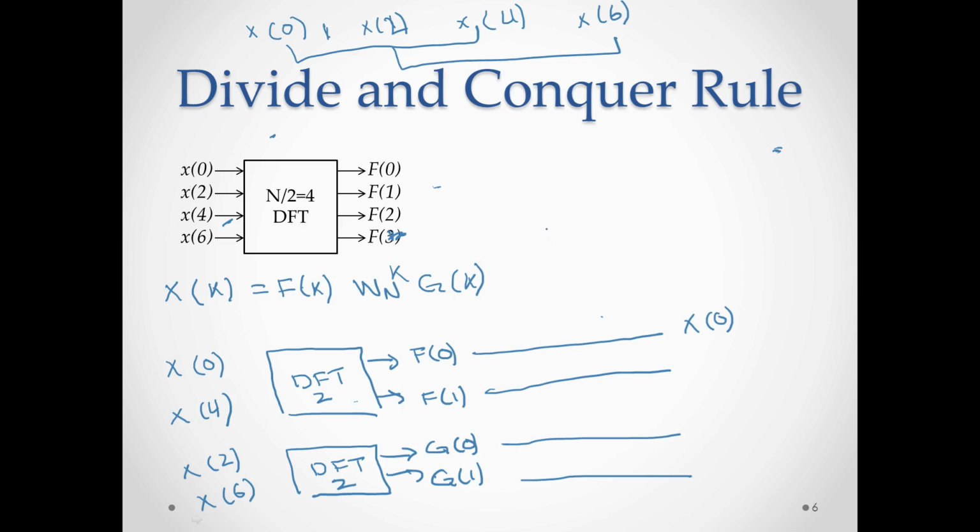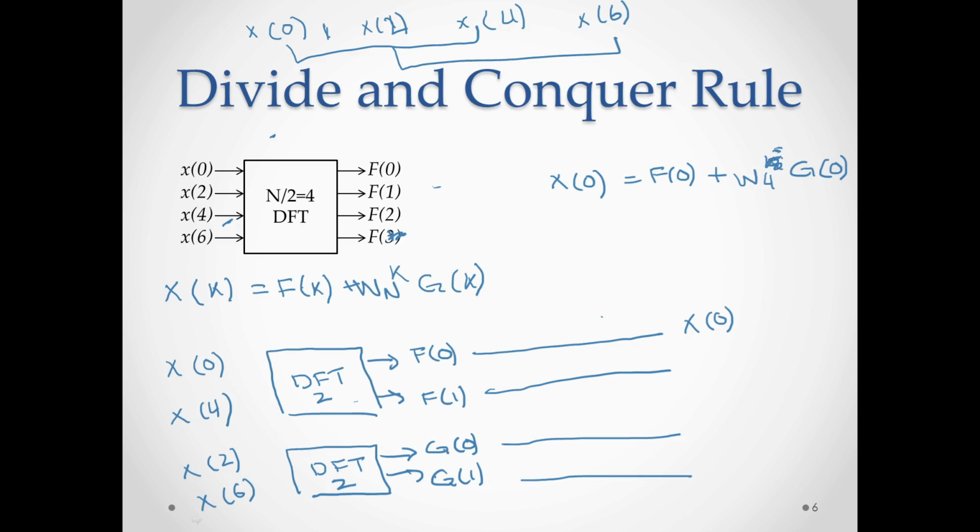So x of 0 would be equal to f of 0 plus w4 to the k g of 0.